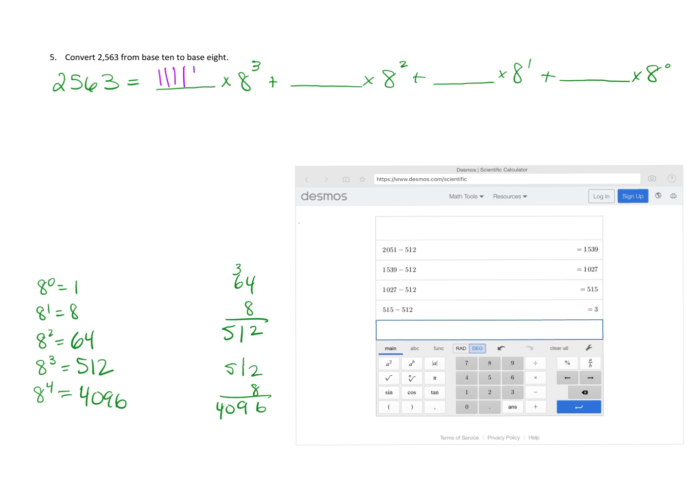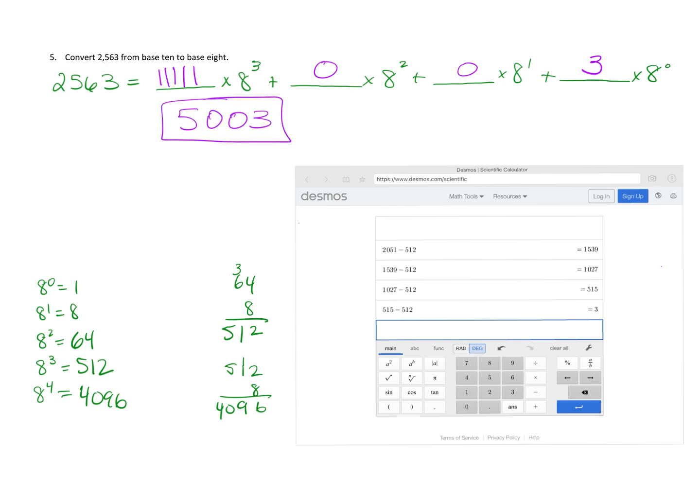I subtracted one more, and I have 3 left over. 3 is not a multiple of 64. 3 is not a multiple of 8. It's just 3 ones, so it goes in the ones place because it's smaller than 8. So I put that leftover 3 there, and I have zeros in the other spots, which gives me 5003.